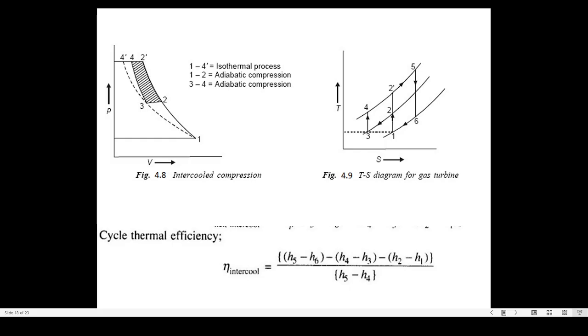So if both these temperatures are the same, that is T1 equal to T3, which is shown here by a dotted line, T1 equal to T3.